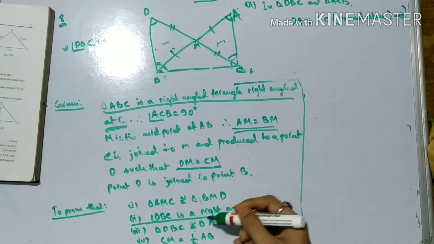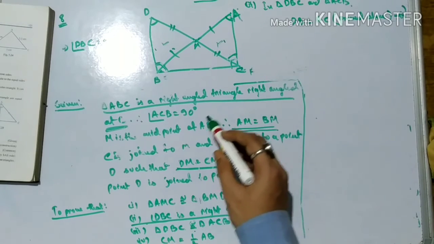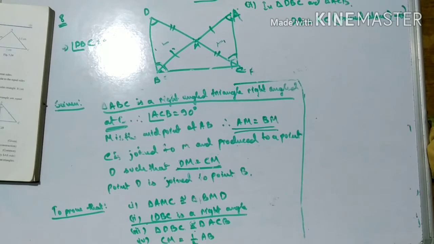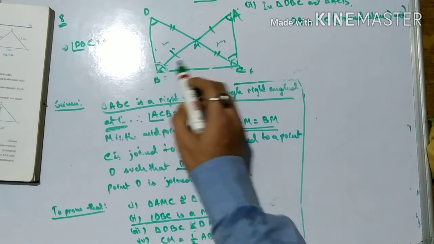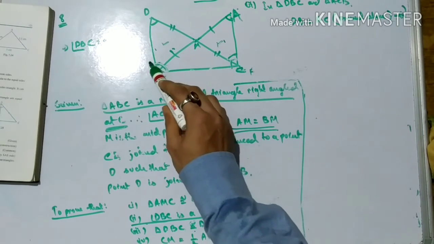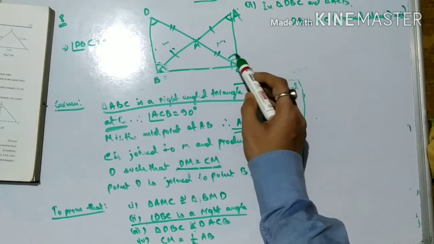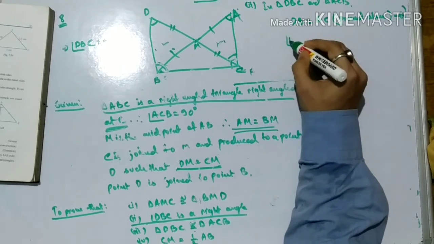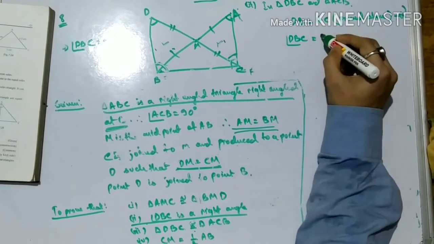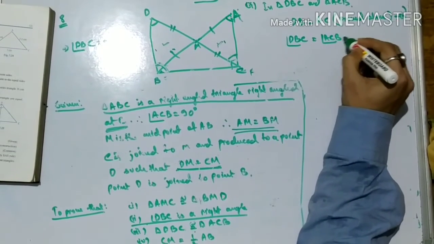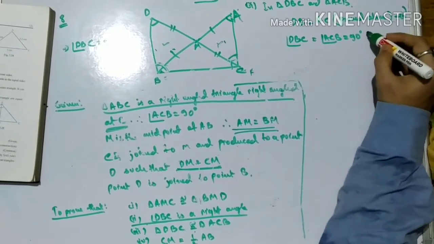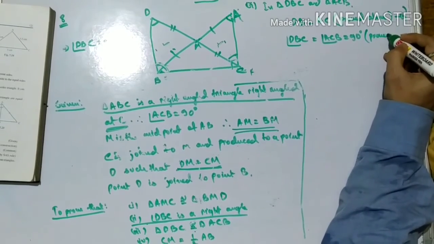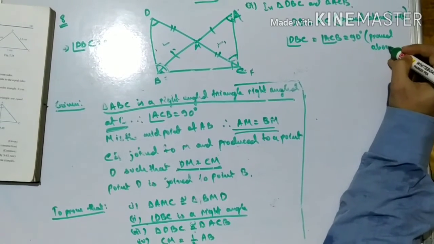Next, I can show this angle equals this angle, because this whole angle is also 90 degrees, and this whole angle is also 90 degrees. I can write that angle DBC equals angle ACB equals 90 degrees. This is also proved above.